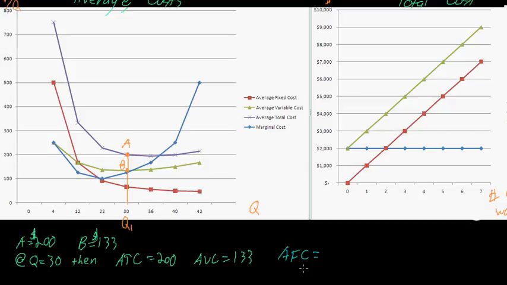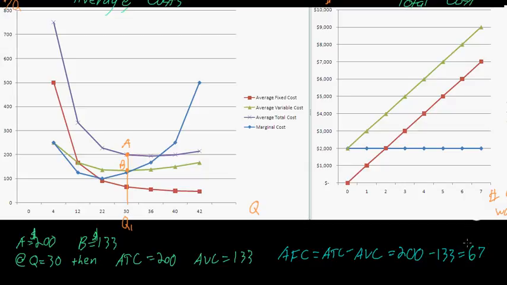Well, we know from a couple of videos ago that our average fixed cost is just average total cost minus average variable cost, because that's how we define fixed cost, total cost, and variable cost. So if you substitute in 200 for average total cost and 133 for average variable cost, you get 200 minus 133, which is equal to 67.